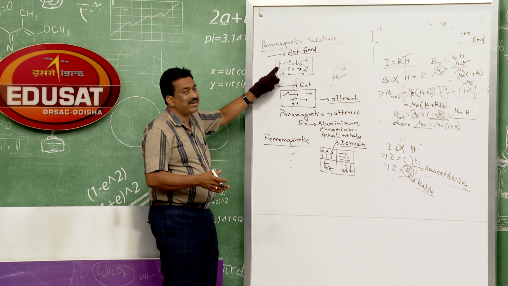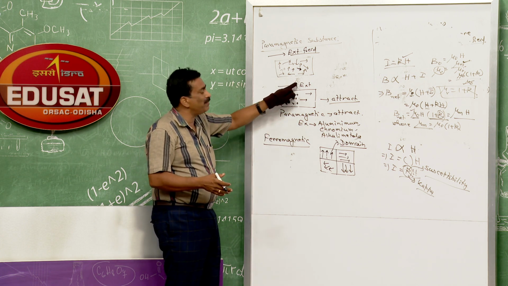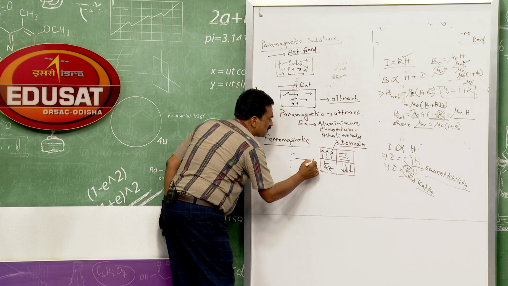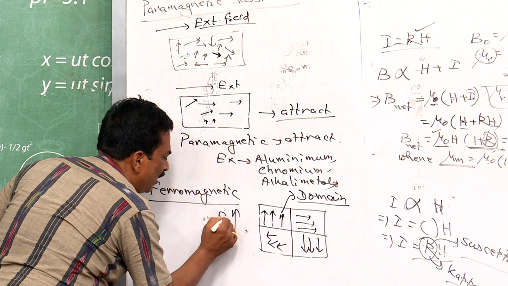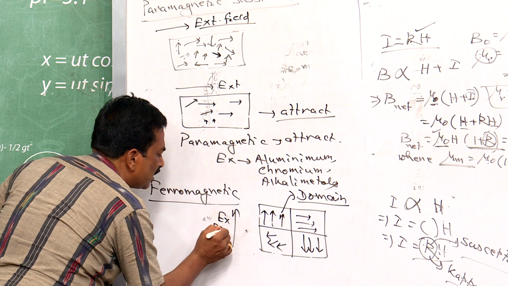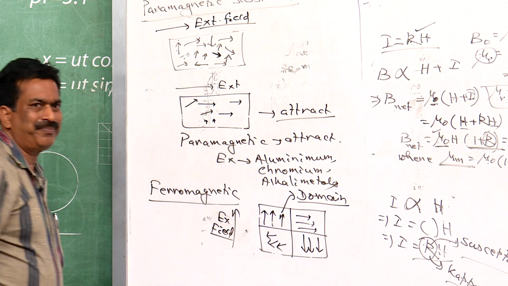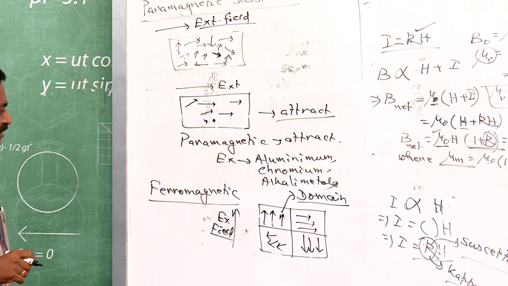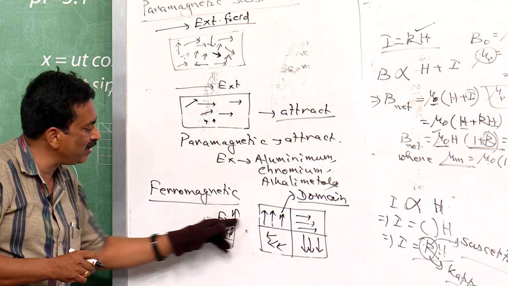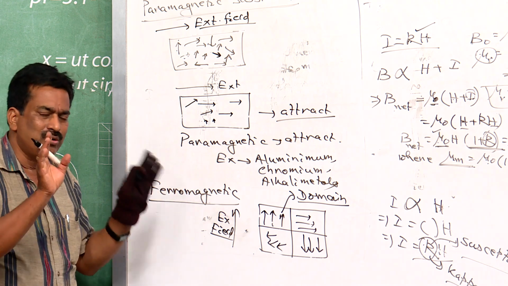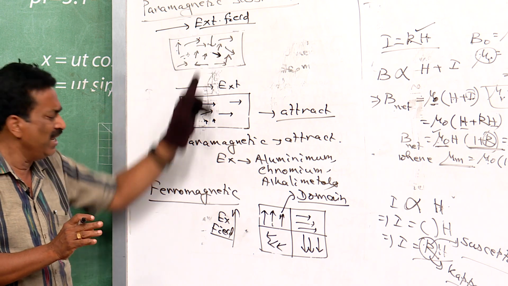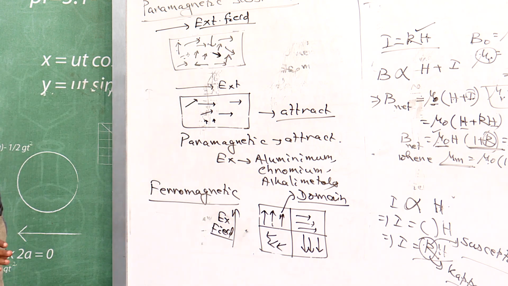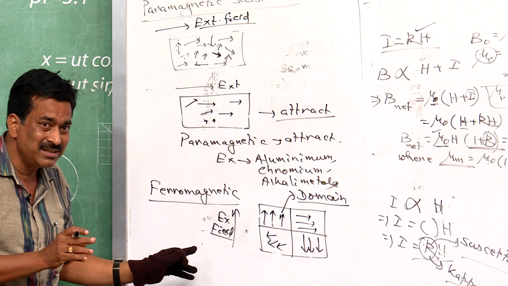Then after taking this ferromagnetic sample, we give some external field, and suppose this is the external field I applied. Previously, if you paid attention, I have given the direction in this way, no mistake. Here I have given to the right, here I have given to the upward direction. So what does it mean?